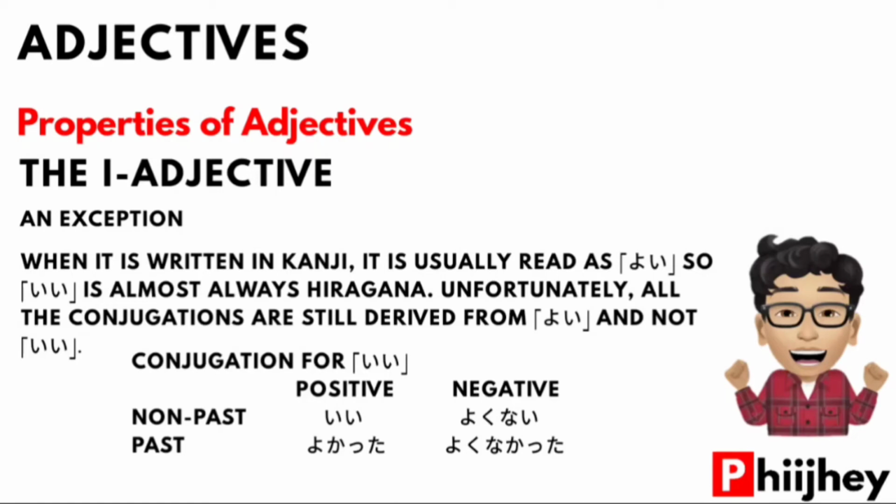Unfortunately, all conjugations are still derived from yoi and not ii. So positive present is ii, positive past is yokatta, negative present is yokunai, and then negative past is yokunakatta.